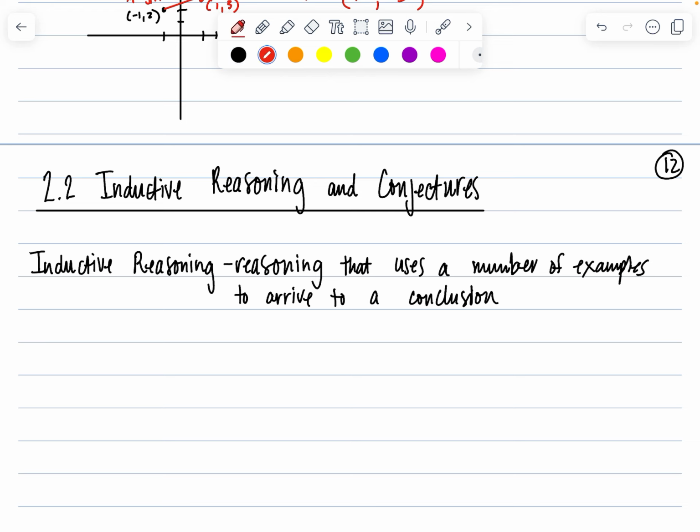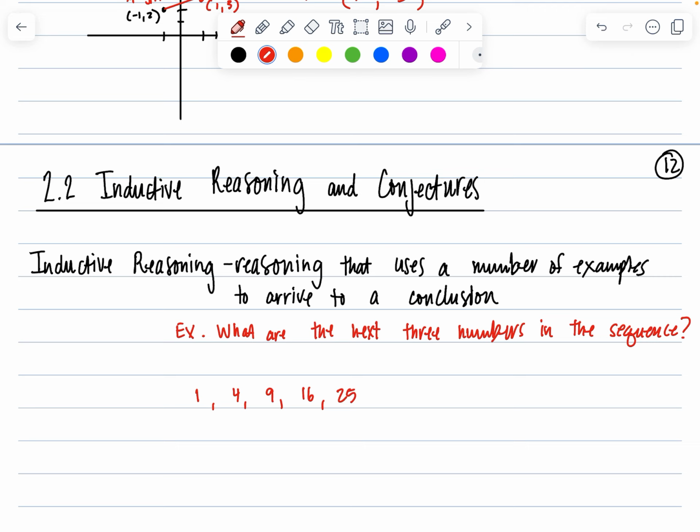All right. So for example, if we wanted to use inductive reasoning for a problem, one would look like this. What are the next three numbers in the sequence? We could have, for instance, the numbers 1, 4, 9, 16, 25.